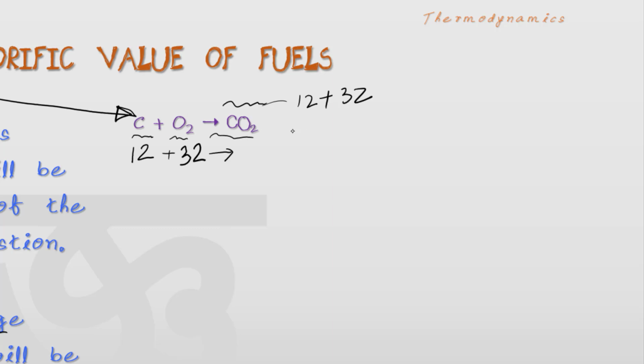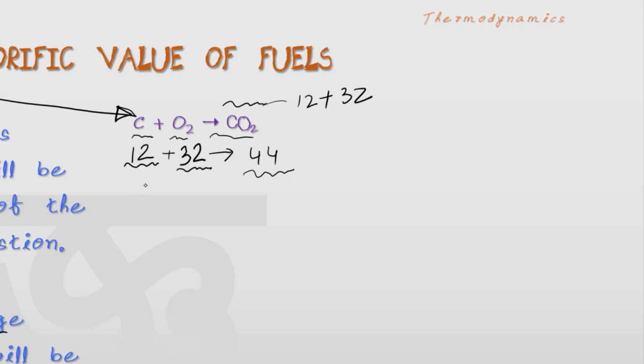How much? 44. Now if we consider it to be in kg, that means 12 kg of carbon needs 32 kg of oxygen, and that will produce 44 kg of carbon dioxide.